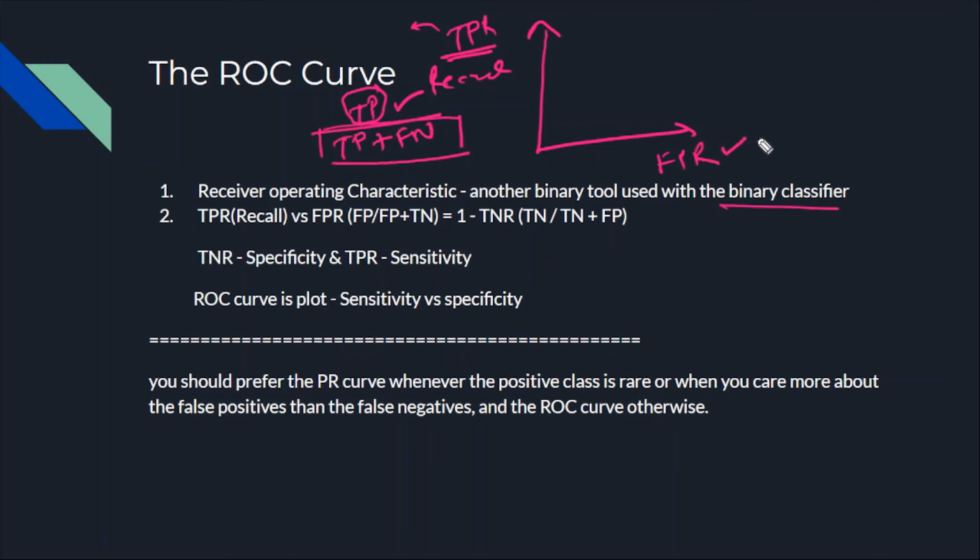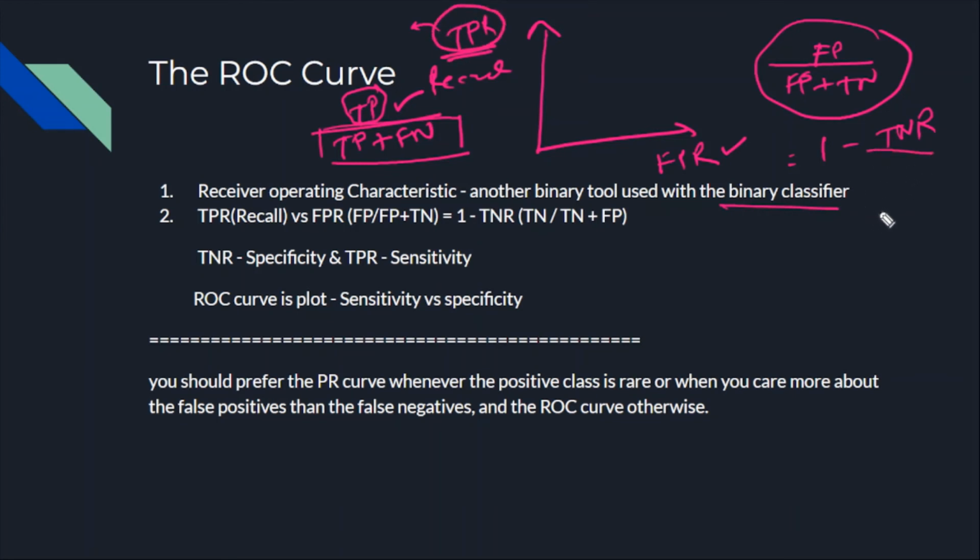The next is the FPR. FPR is called the false positive rate. So this is FP upon FP plus TN. How to calculate this? If you take 1 minus the true negative rate, where TPR is the true positive rate and TNR is the true negative rate, the true negative rate is nothing but TN upon TN plus FP.